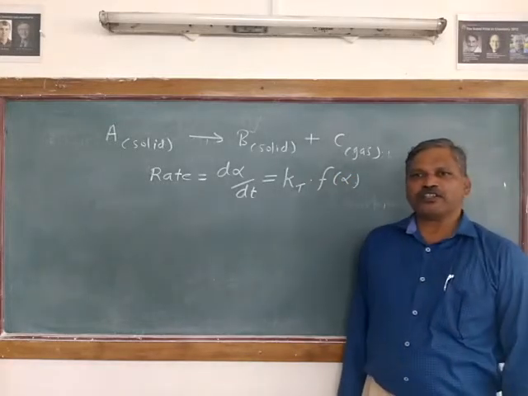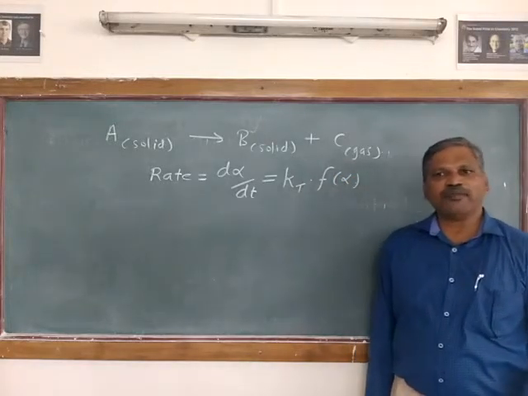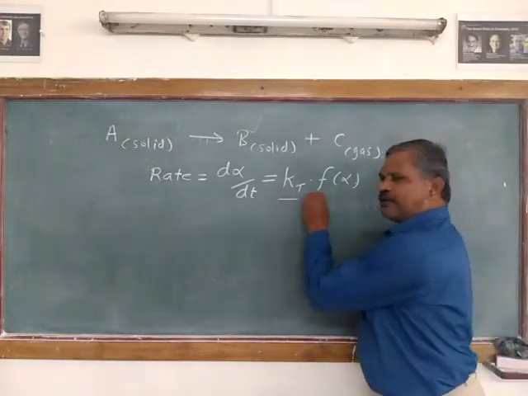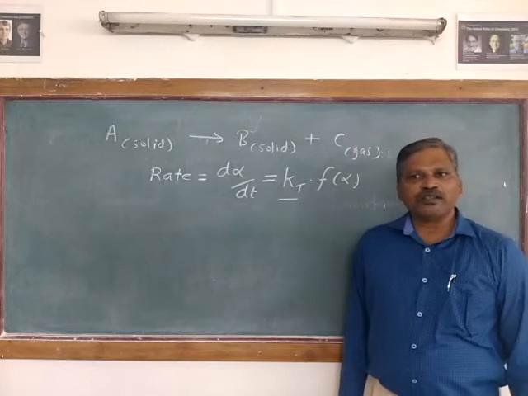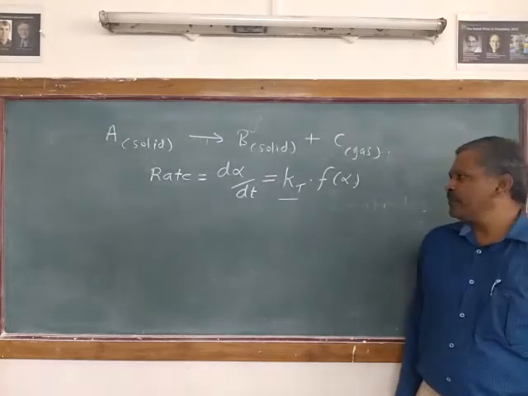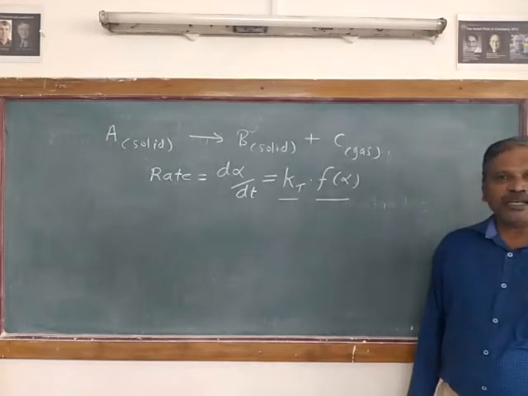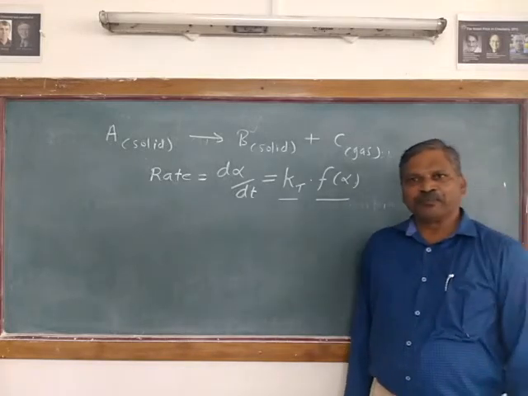So the rate of reaction can be written in this way, where this k(T) is the rate constant at temperature T and f(alpha) is a mathematical expression in alpha.